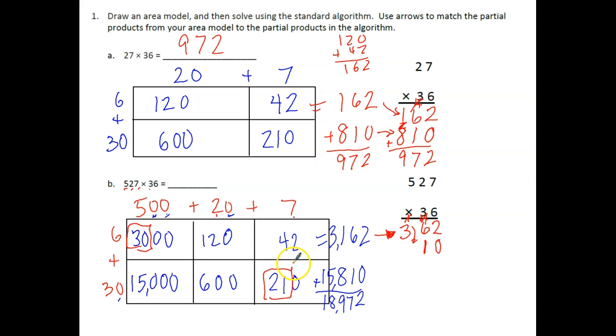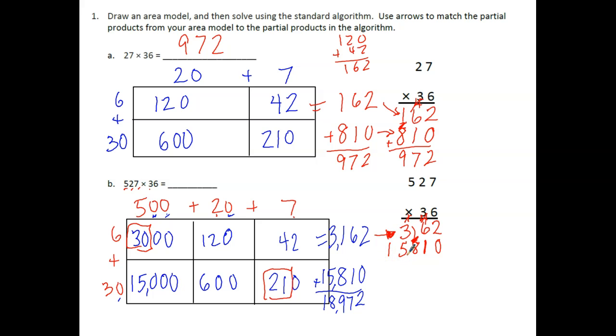All right, and then I'm going to say, well, 3 tens times 2 tens is 600 plus my 200. 600 plus 200 is 800. So now I'm going to get rid of this 2. I used that 2. Then I have 3 tens times 500s is 15,000. I'm going to add my 15,000 and 5,000, 10,000.